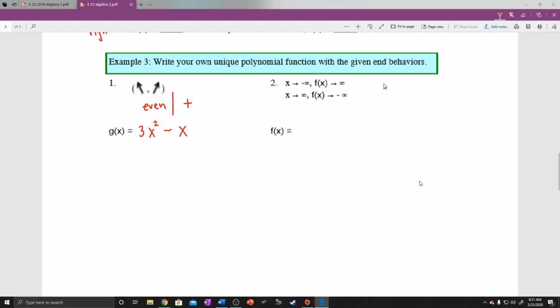This is going to be up on the left, and it's going to be down on the right. So this is going to have a negative leading coefficient with an odd degree. So an example could be negative 2x to the third power. And you can add anything as long as it has a lower degree than 3 here, so like plus x squared minus x plus 2.